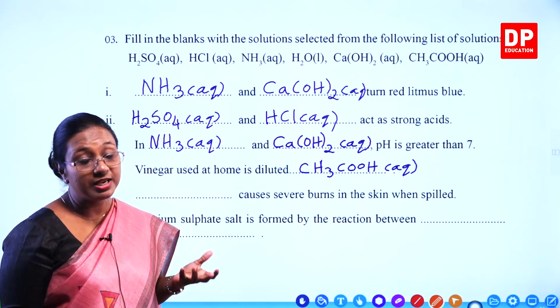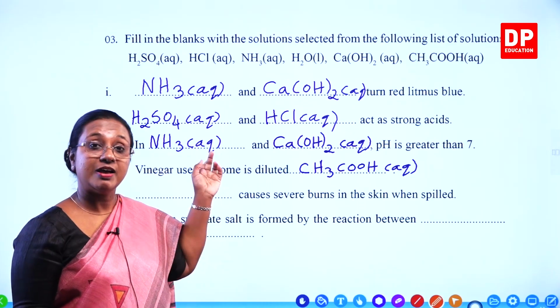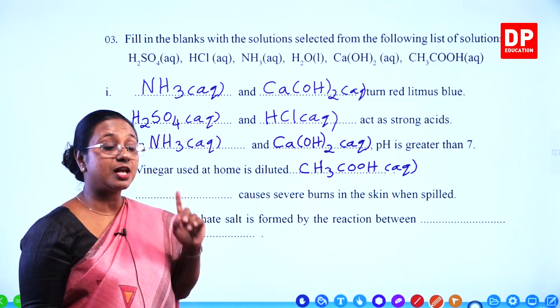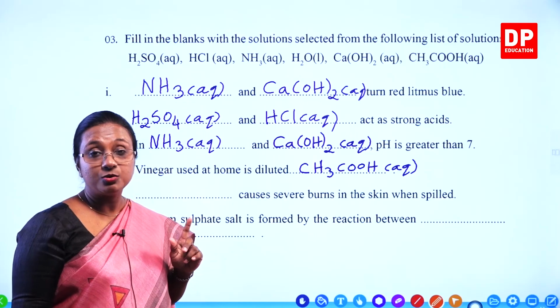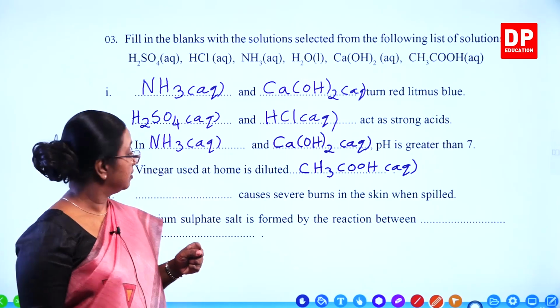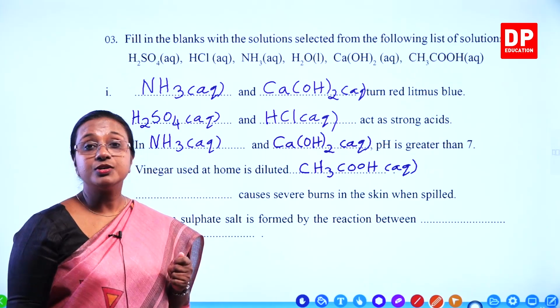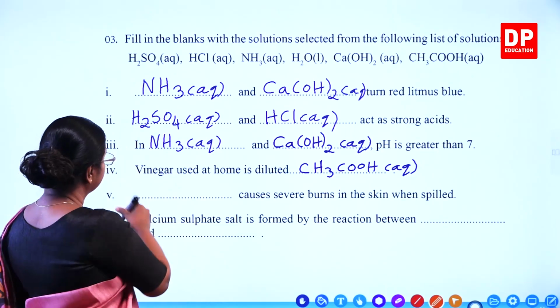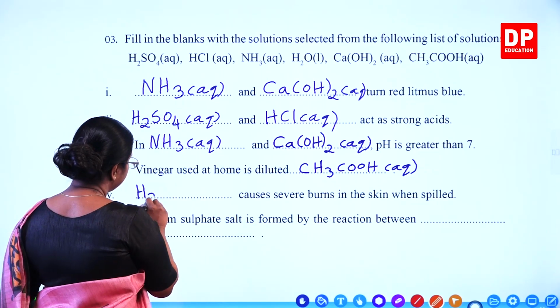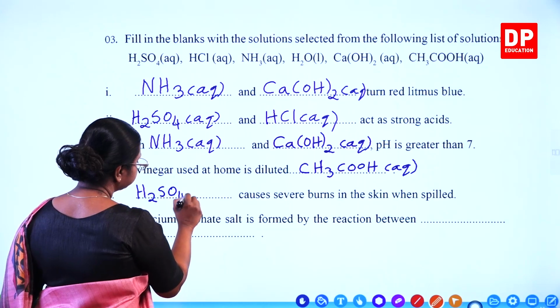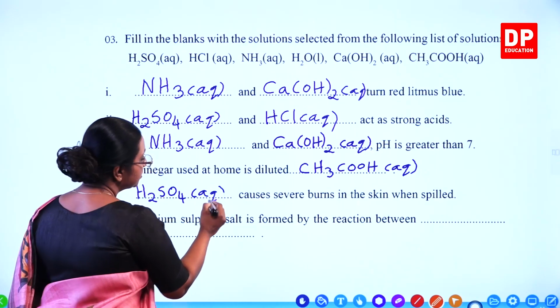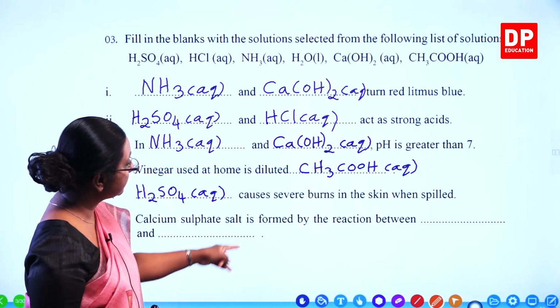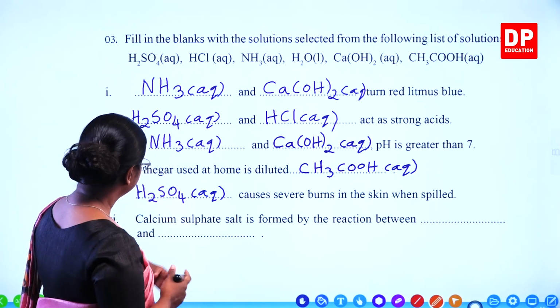Sulfuric acid. Usually the acids are corrosive, and out of that you all can remember sulfuric acid is very corrosive and can cause severe burns. So we can say sulfuric acid H2SO4 aqueous causes severe burns in the skin when spilled.